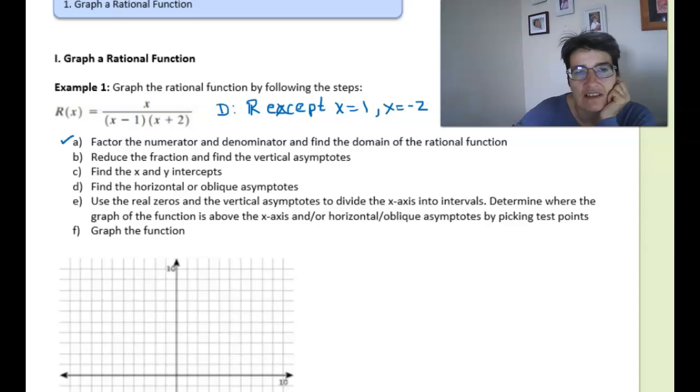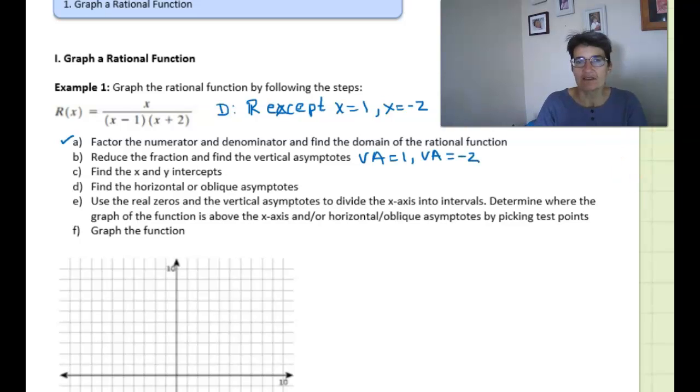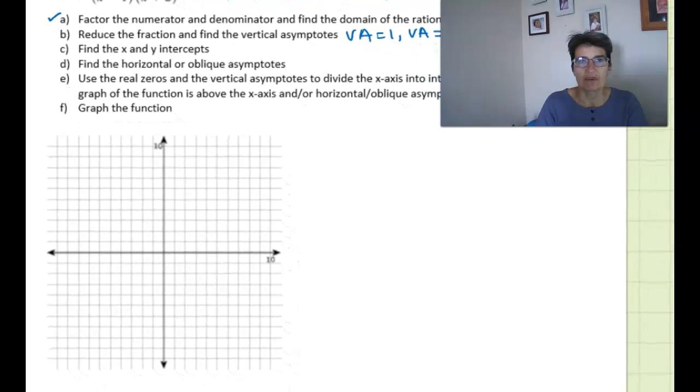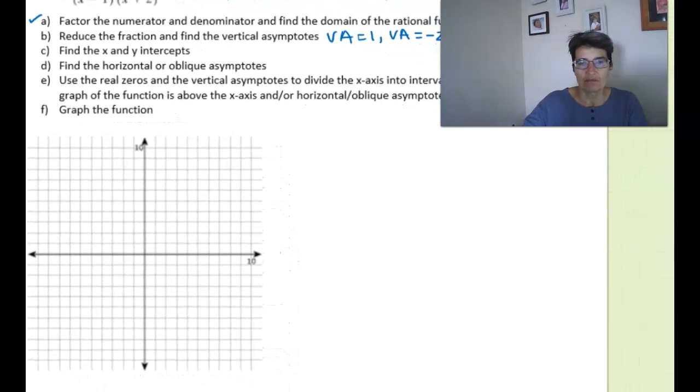Alright, so part B, reduce the fraction. Nothing reduces. This means that the numbers excluded from the domain are our vertical asymptotes. So we have a vertical asymptote at 1 and a vertical asymptote at negative 2. Okay? Now we can start putting these on the graph. As you work through them, it's good to start building your graph.